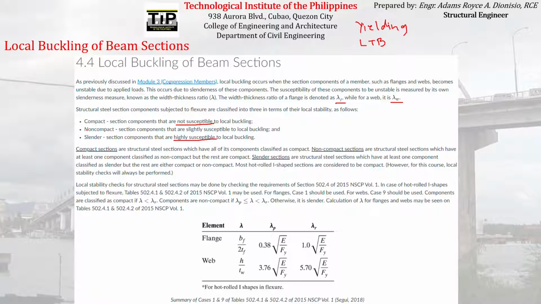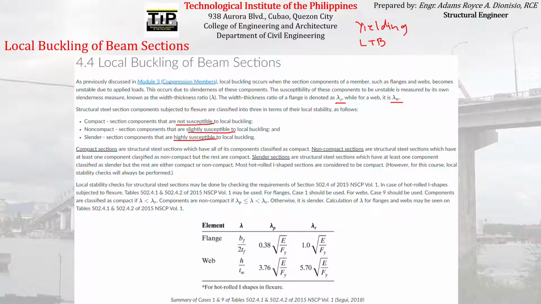Pero dito sa flexural member, meron pa tayong tinatawag na non-compact. Okay? So yung non-compact is the intermediate classification between compact and slender. So yung non-compact are section components that are slightly susceptible to local buckling. So meron pa ring tendency to buckle pero medyo maliit na lang compare mo naman sa mga slender section components na highly susceptible to local buckling.